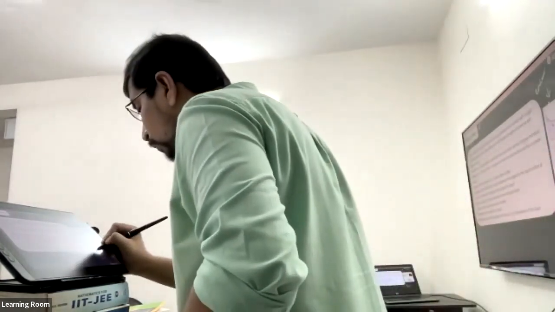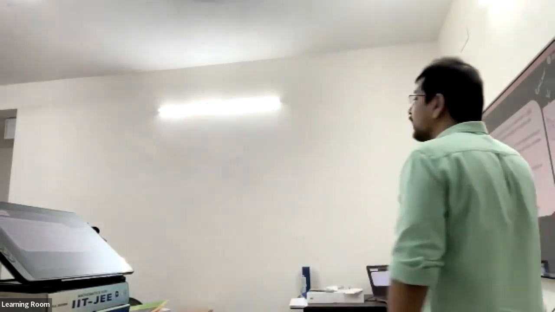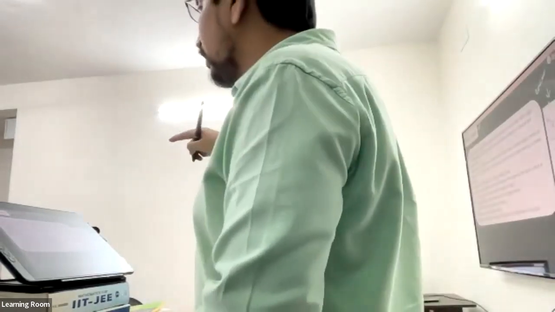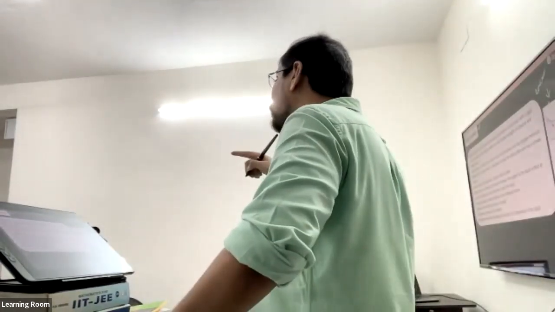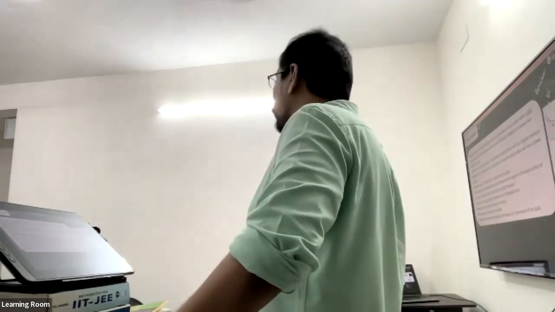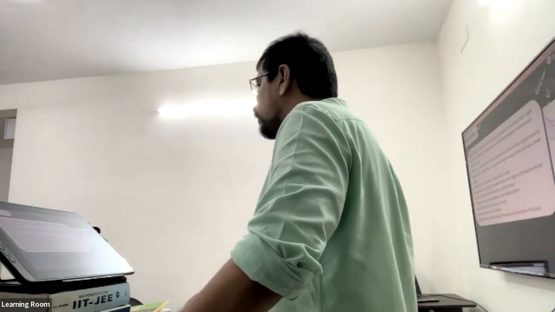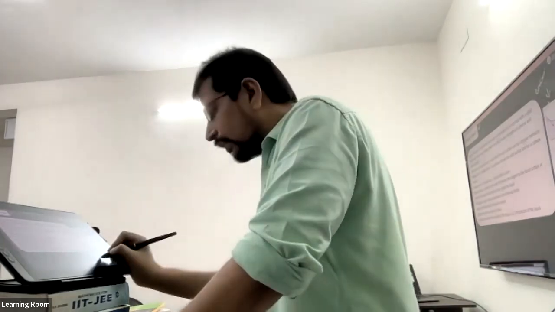When I take the solid surface, I can define two angles: one is alpha, and the second is theta. Which one should I call the angle of contact? The angle of contact should be taken with respect to the solid surface which is in contact with the liquid. So which one is in contact with the liquid? Theta.